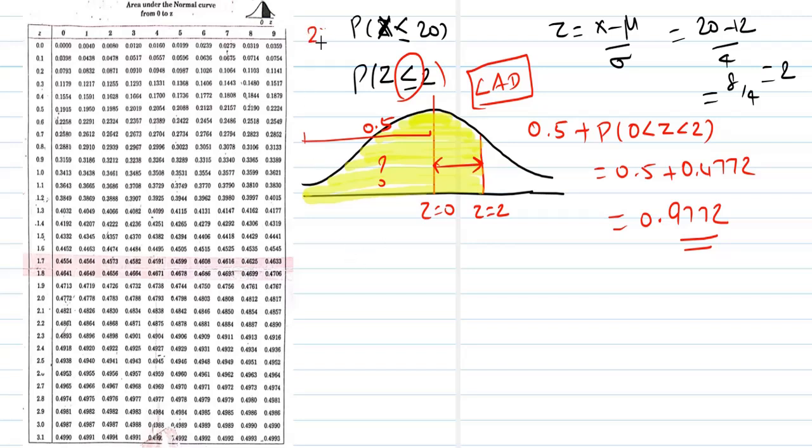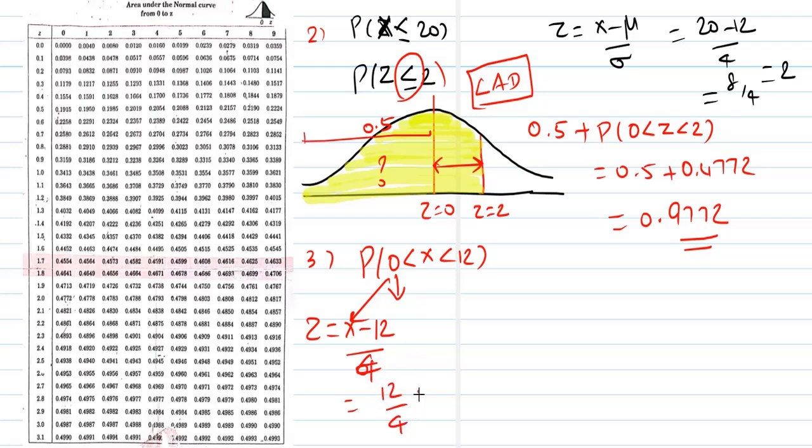How about the third subdivision? We want probability of 0 less than x less than 12. Now what will happen to this 0? Z equal to x minus 12 by sigma. When x takes the value 0, it is going to be 12 divided by 4. So 12 by 4 is going to be equal to 3.